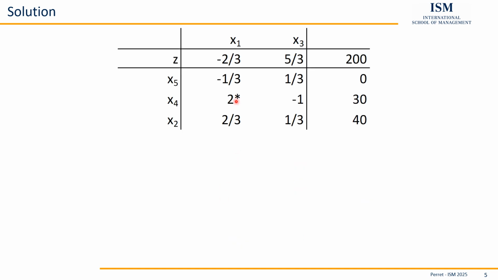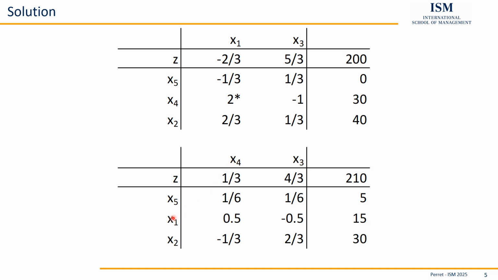So I do all the calculation again for this 2. Switch the two variables, divide 1 by the pivot element, divide everything in pivot row by the pivot element, and for the pivot column, divide everything by minus pivot element.